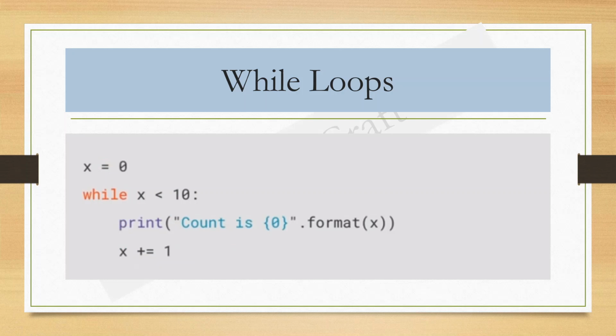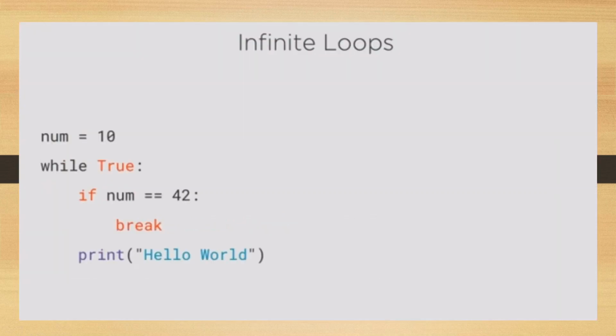One usage of a while loop, although probably not always a great idea, is writing a piece of code like something you see on the screen. This is called an infinite loop, since true is always true, meaning since our condition is always passing, this while loop will keep executing forever. How do we get out of it?